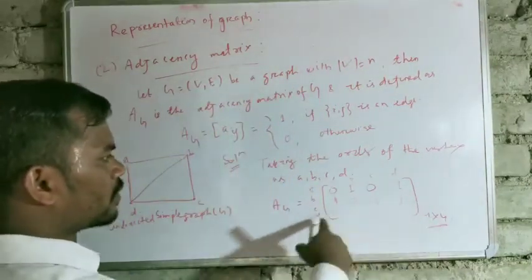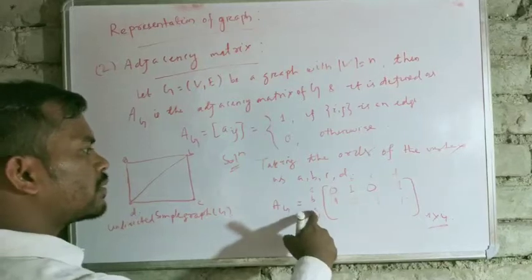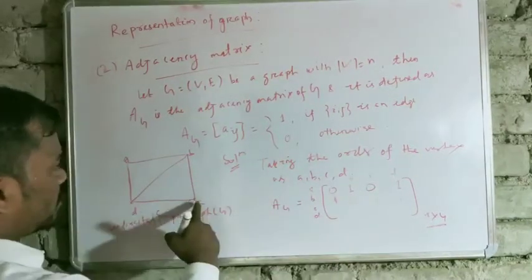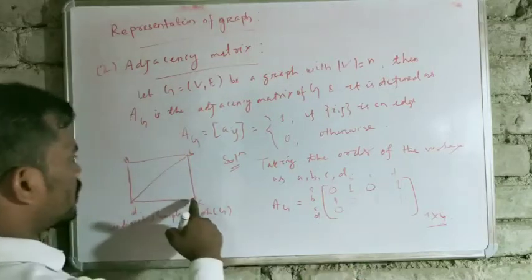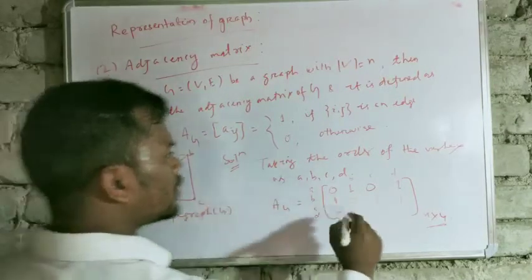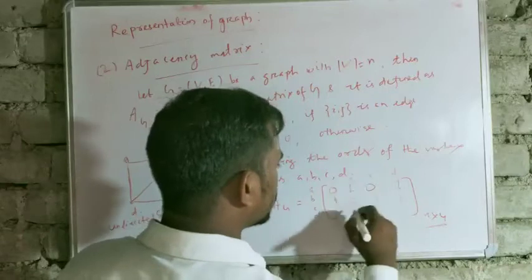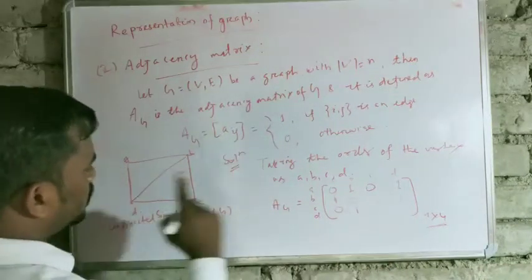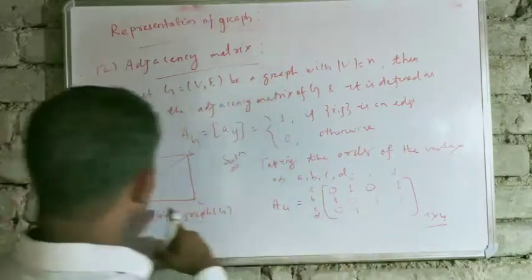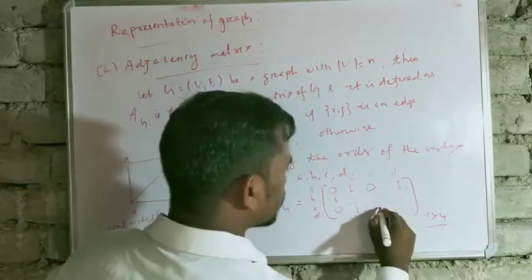Similarly, now for the third row, the entry is C. Now C to A, is there any edge? No, so this will be 0. And C to B, there is an edge, so this will be 1. And C to C, no edges, 0.